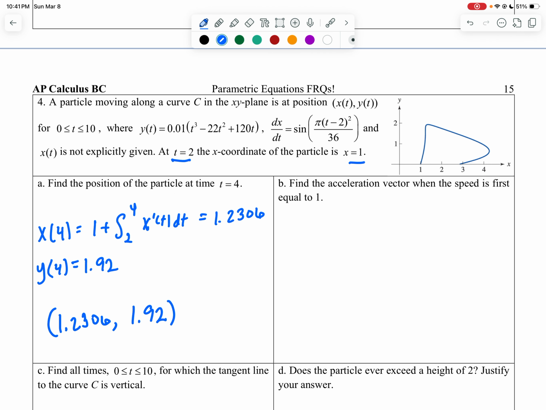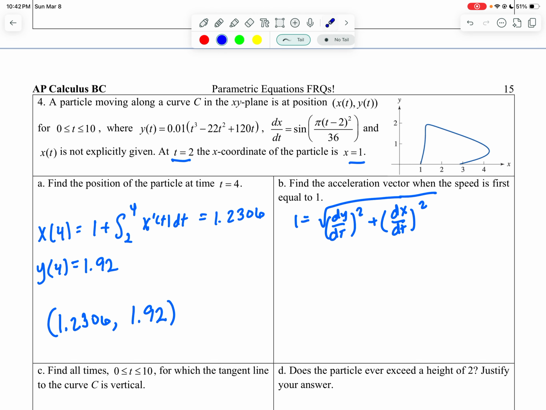For part B, it says find the acceleration vector when the speed is first equal to 0. So at this point, we need to probably figure out dy/dt, because remember that our speed is the square root of (dy/dt) squared plus (dx/dt) squared. We already know what dx/dt is. That's great. We don't know what dy/dt is.